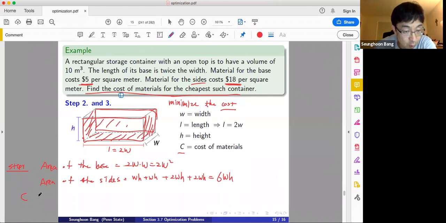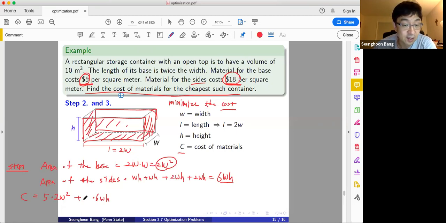You can find the cost function. The area of the base is 2W squared times the cost, $5 per square meter, so 5 times the area of the base, plus the area of the sides, which is 6WH, times the cost of $18 per square meter.